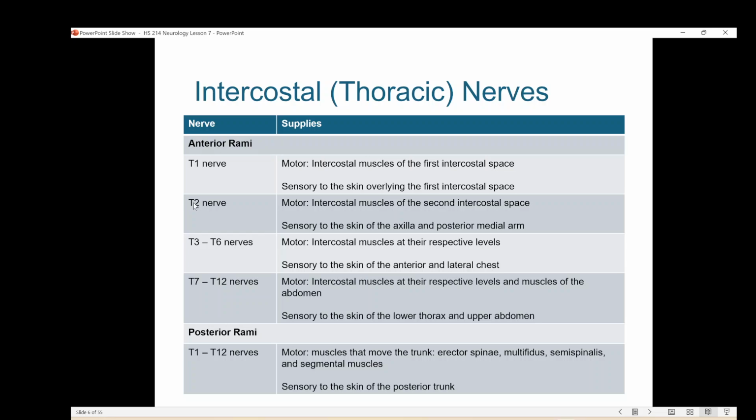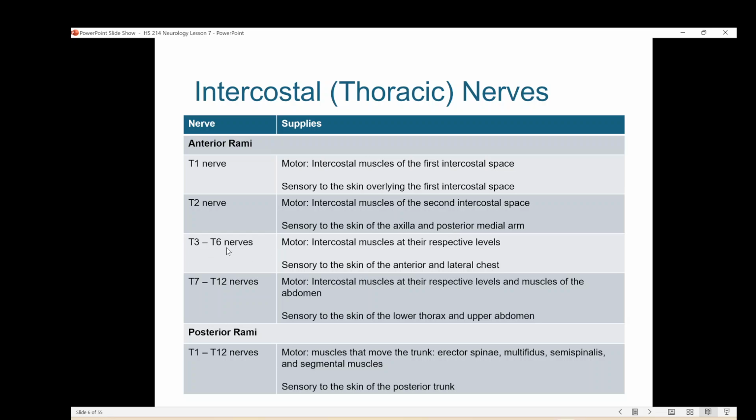The T2 intercostal nerve has motor to the intercostal muscles of the second intercostal space, but it's going to do sensory to the skin of the axilla and the posterior medial arm. Right, so this one's going down into the upper limb.